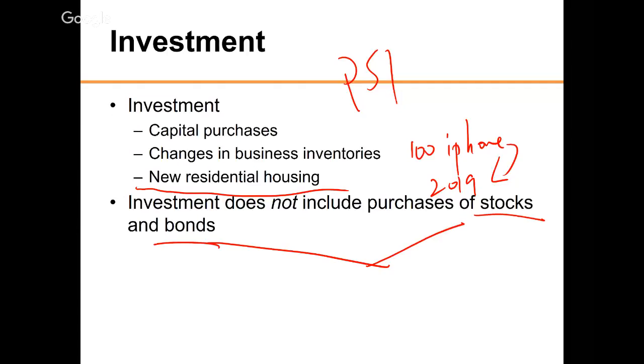When there's a transaction of stocks, there is no real good that's taking place. All that happened is that we purchased part of a company, but there's no real good being produced in this process. So any type of stock investment or bond investment, even though we call them investment for personal investments, they are not investment as part of GDP, because in their transactions, there's no production of goods and services.